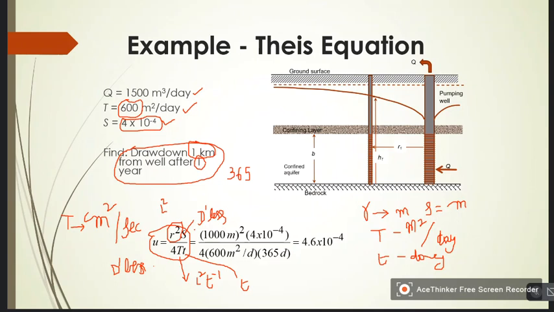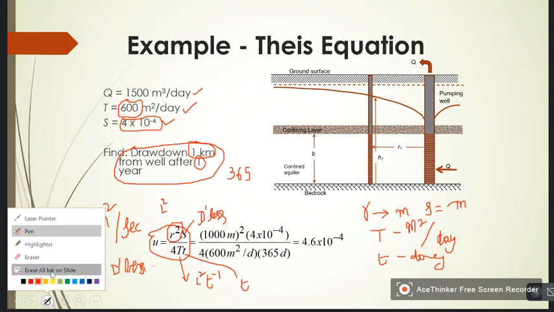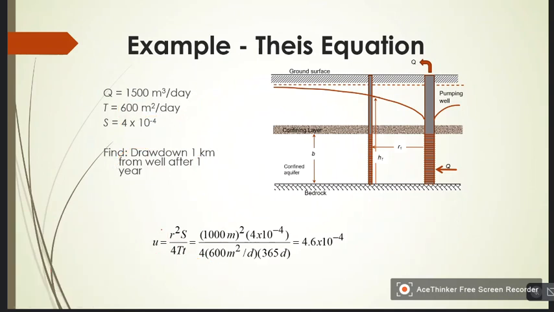If you are substituting centimeter square per second, then your small t should also be in seconds. If your capital T is centimeter square per day, then your small t should be in days. That is the precaution you have to follow, otherwise your results will be wrong.